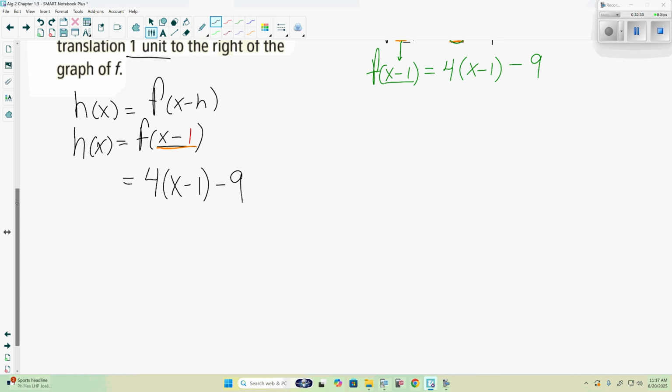Questions on how we got to 4 times x minus 1 minus 9? Here we can distribute the 4. Our 4 times x is 4x. 4 times negative 1 is negative 4. And then we still have our minus 9.